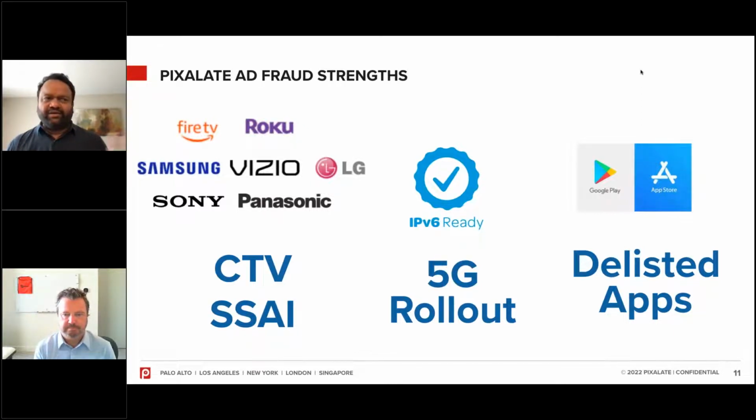So we ran some analysis across the traffic that we see, and we found that the IPv6 adoption has actually reached that point where it is pretty widely adopted, both in terms of residential internet service providers and definitely on the mobile side of the world, right? Especially with the 5G rollout, IPv6 is definitely becoming a big thing.